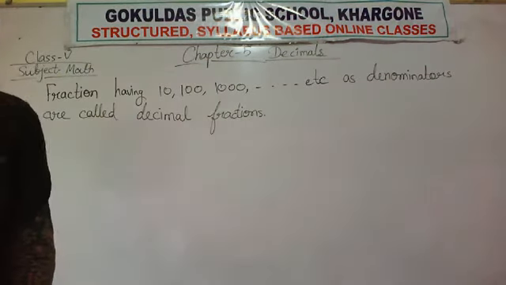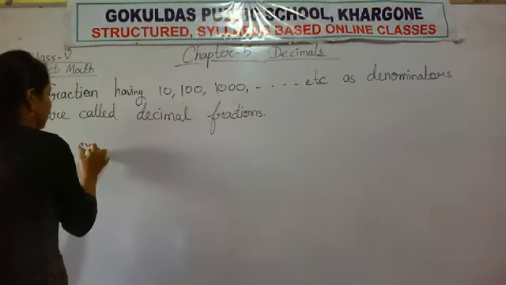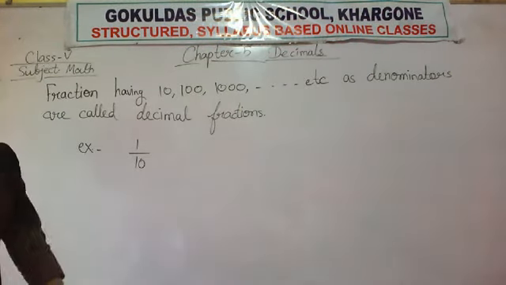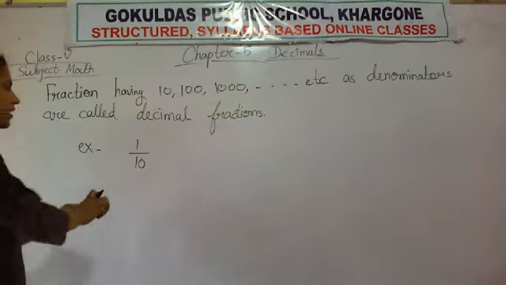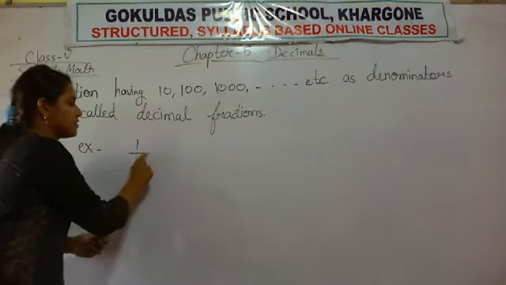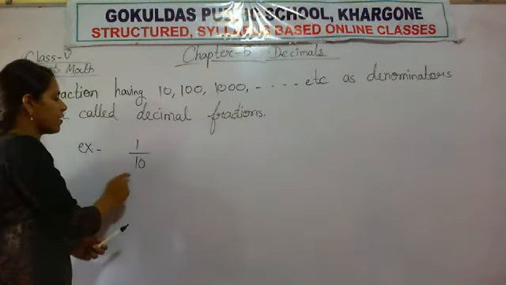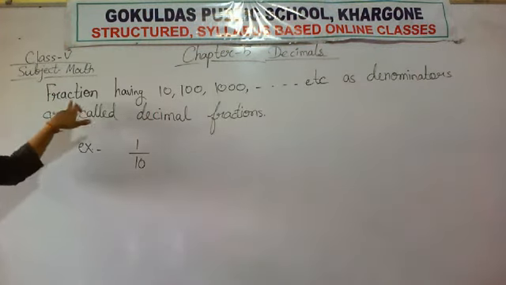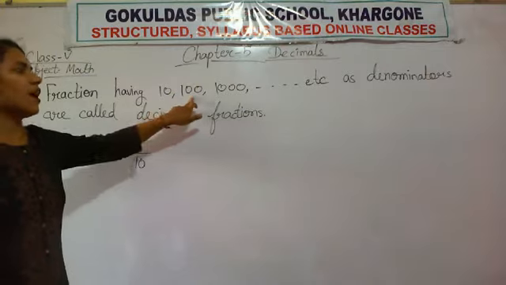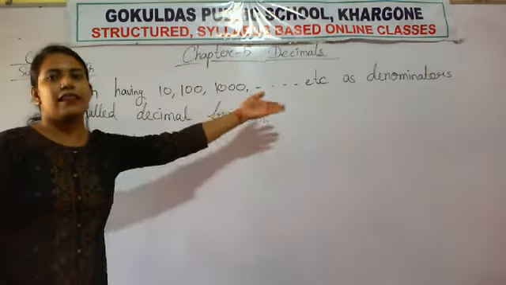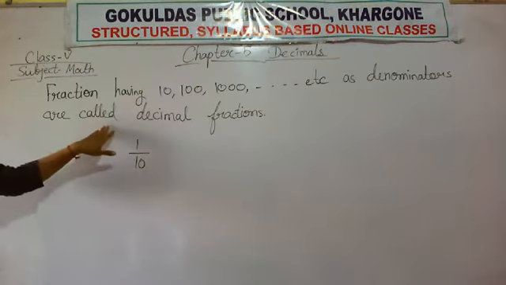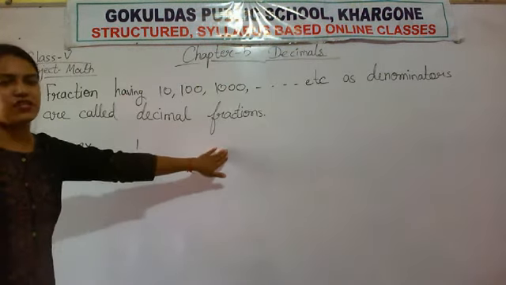It means, for example, if I write 1 upon 10, 1 upon 10 is a fraction. You know that here 1 is the numerator, this is the division bar, and 10 is the denominator. So fractions having 10, 100, 1000, 10,000, 1 lakh, etc. as denominators are called decimal fractions.